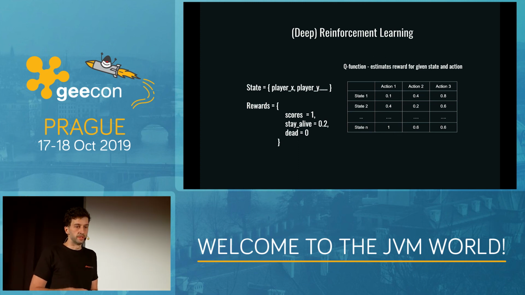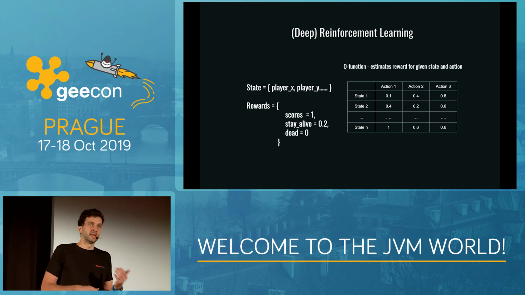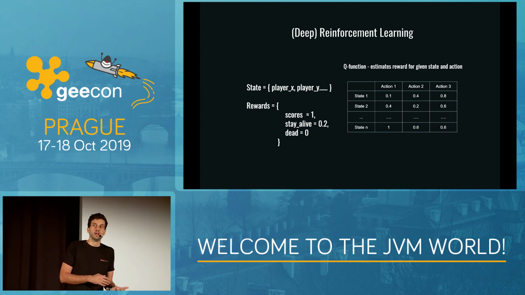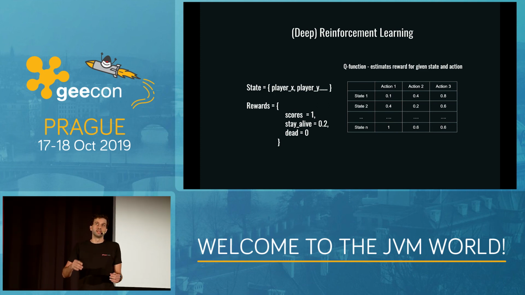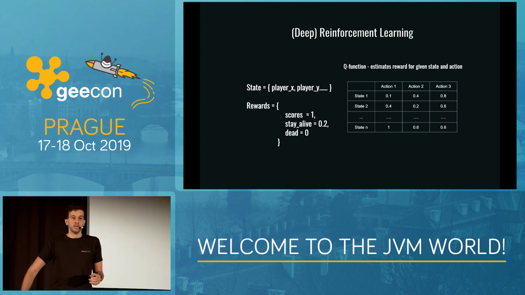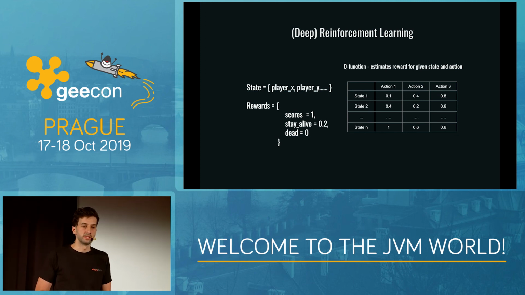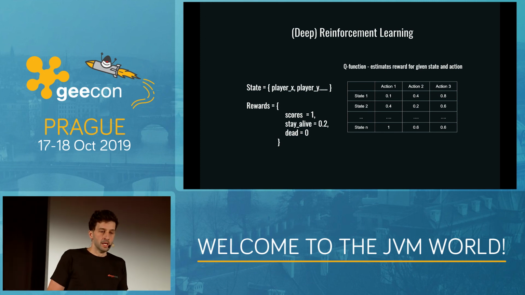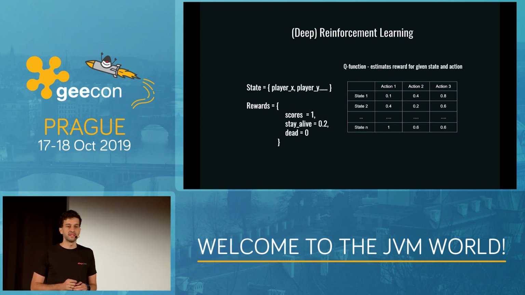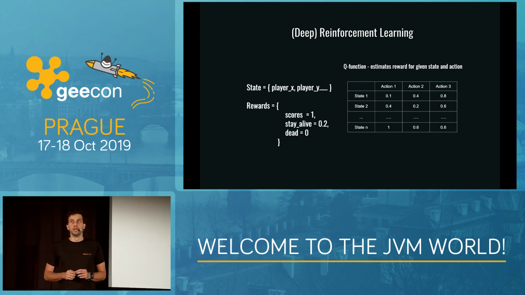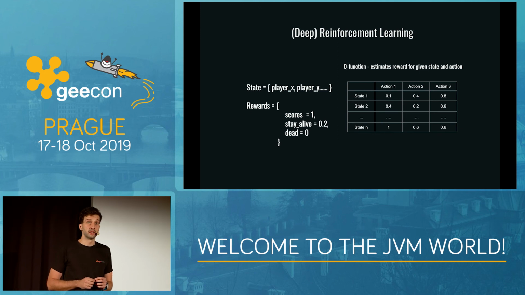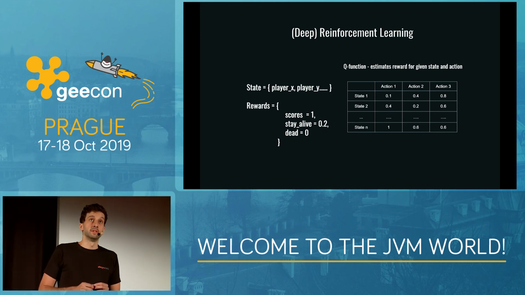In reinforcement learning, we are not dealing with a classifier, which on top of the game state is given a particular action. We have a thing called Q function, and this is a subtle difference, because it tries to estimate reward for a given state and a given action.